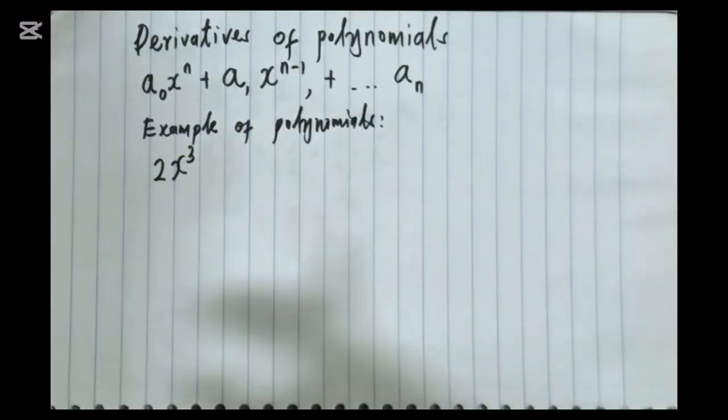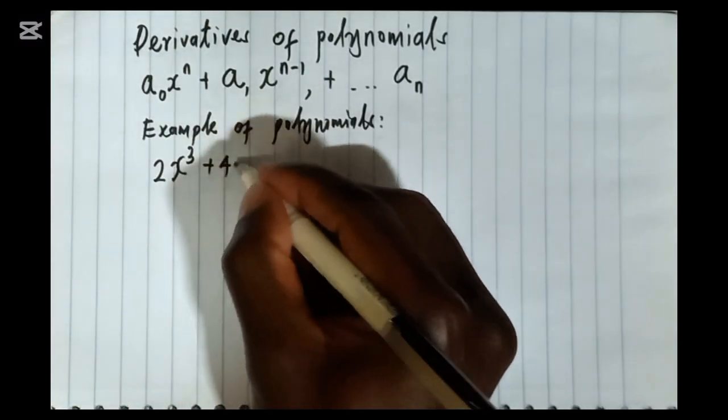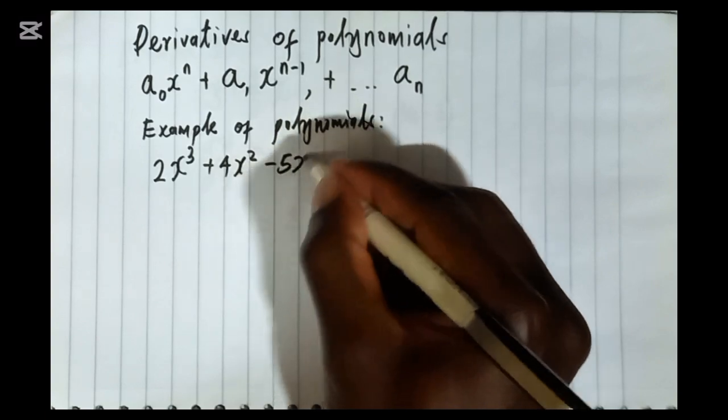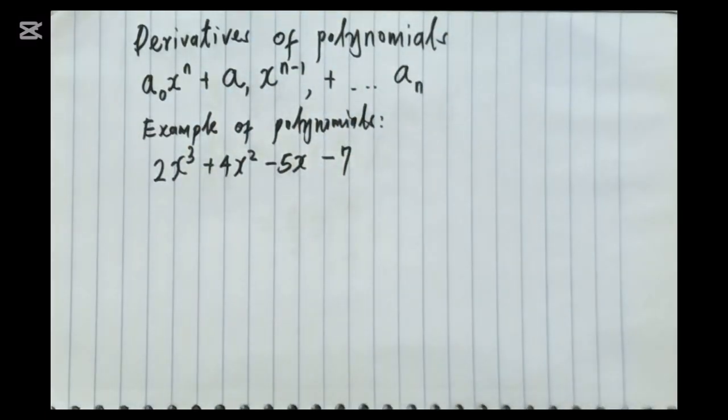It is of order 3 because the highest power of x in this particular case happens to be 3. So we have 2x cubed plus 4x squared minus 5x minus 7. This is an example of an order 3 polynomial.